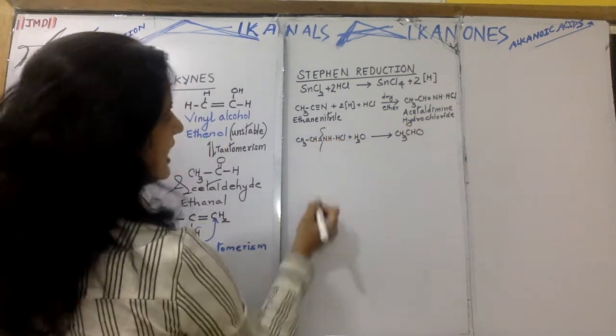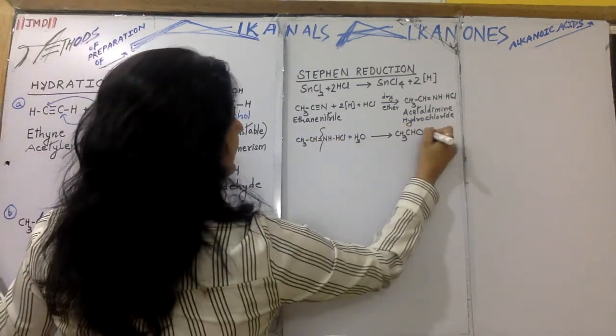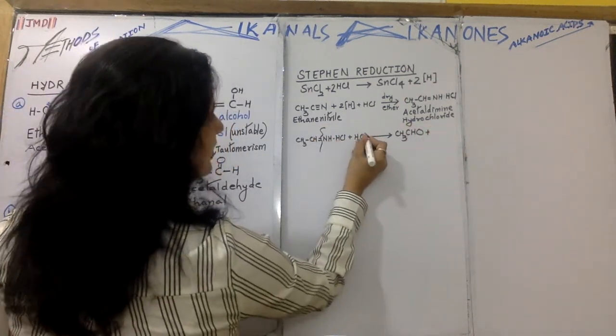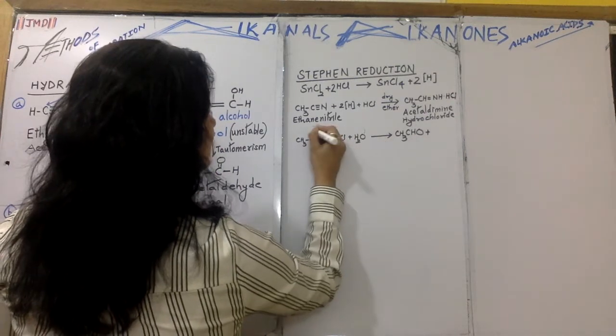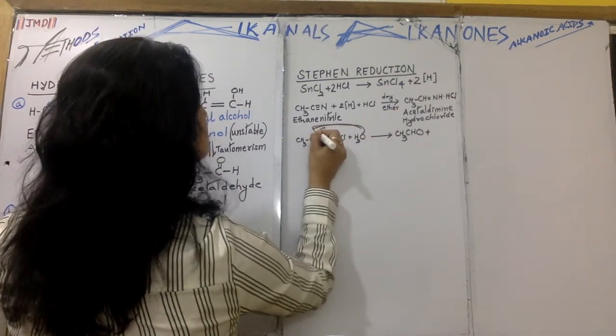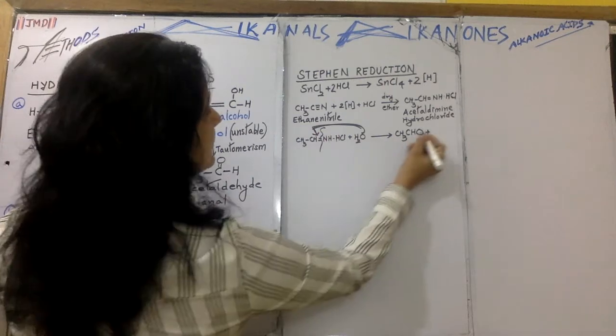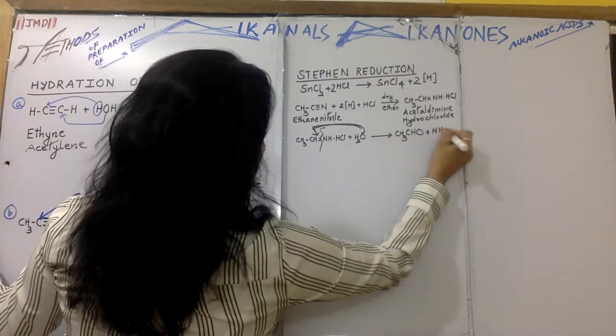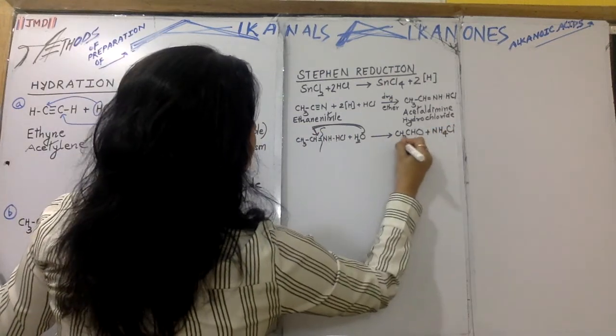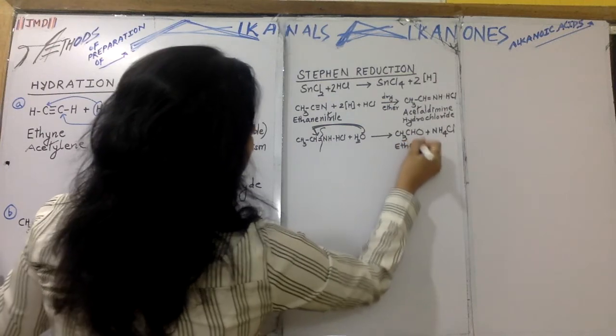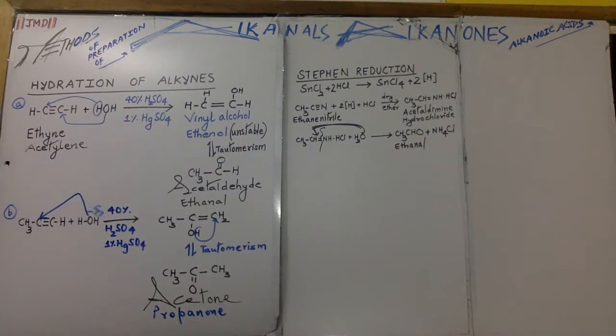Here it breaks, and the O comes here, and we also get NH4Cl. So that's how we got ethanal, and this is the Stephen reduction.